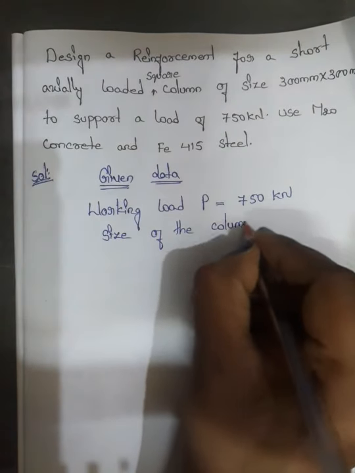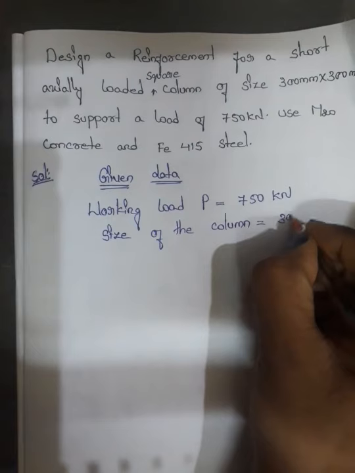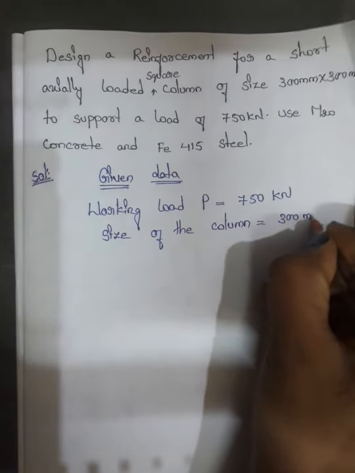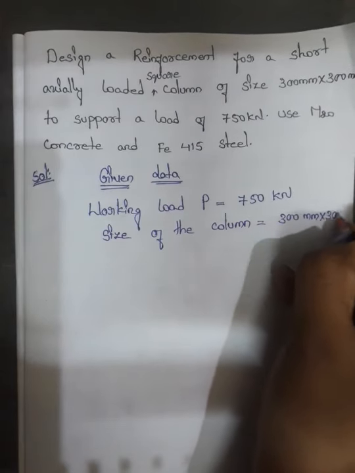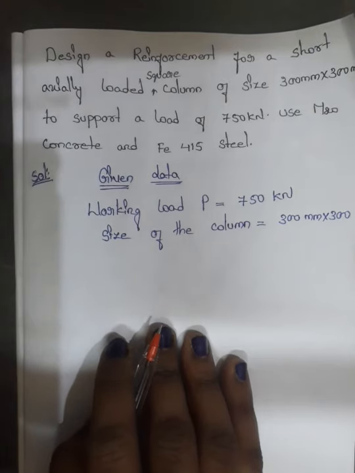So size of the column is equals to 300 mm by 300 mm.